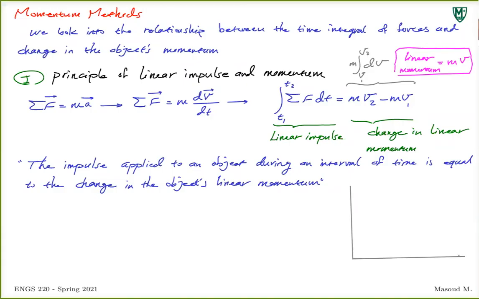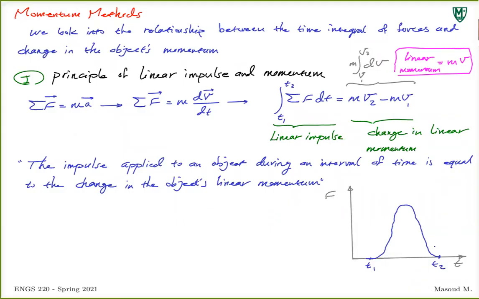Let's say you have a force as a function of time. From T1 to T2, whenever the force is applied, it goes up and then goes down. It's applied from T1 to T2. Let's say this is your force as a function of time.